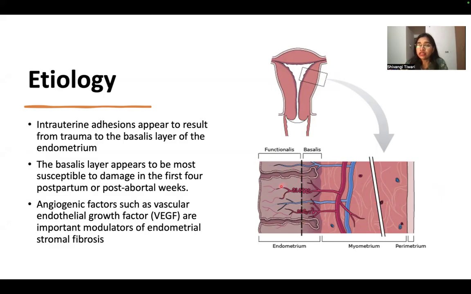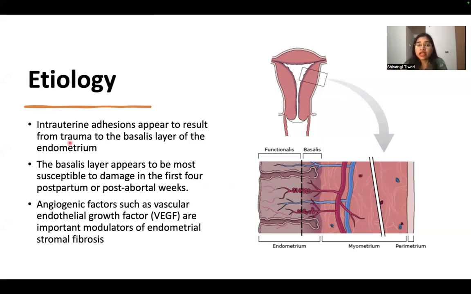This functionalis layer, जब भी menses होते हैं तो functionalis layer shed off हो जाती है, but ये basalis layer intact रहती है. बट अगर कोई विग्रस क्यूरेटाज करते हैं तो आफ्टर विग्रस क्यूरेटाज जो बिसैलिस लेयर होती है वो डैमेज हो जाती है. तो जब ये बिसैलिस लेयर डैमेज हो जाती है उसकी वजह से जो रिस्पॉन्स होता है कि जब वो हील करती है तो जो अपोजिंग लेयर्स होती हैं यूट्रस की वो बीच में फाइब्रस बैंड बना लेती हैं दैट आर नोन एज इंट्रायूट्राइन एडेशंस.